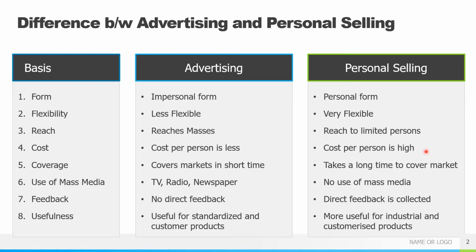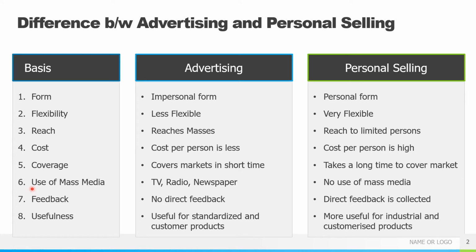So this is how per person cost is really high in personal selling. Coverage. Advertising covers huge markets in a very short time, but it takes a very long time to cover the whole market through personal selling.